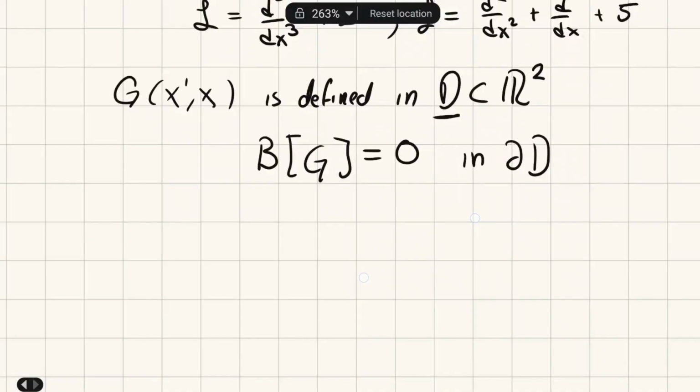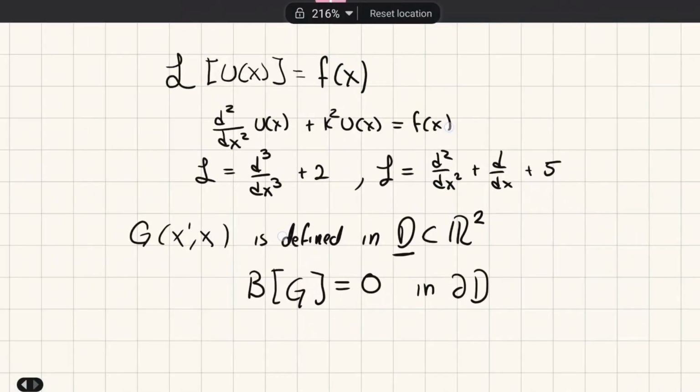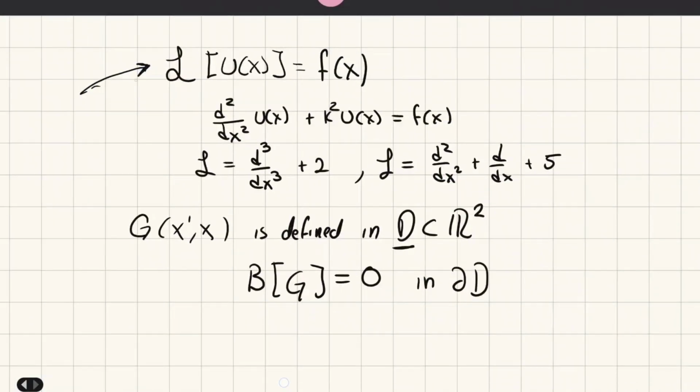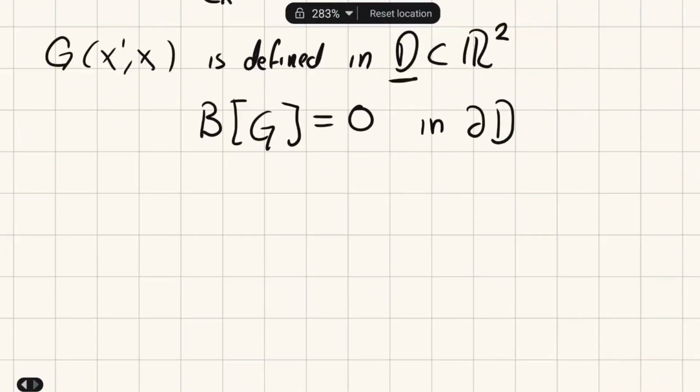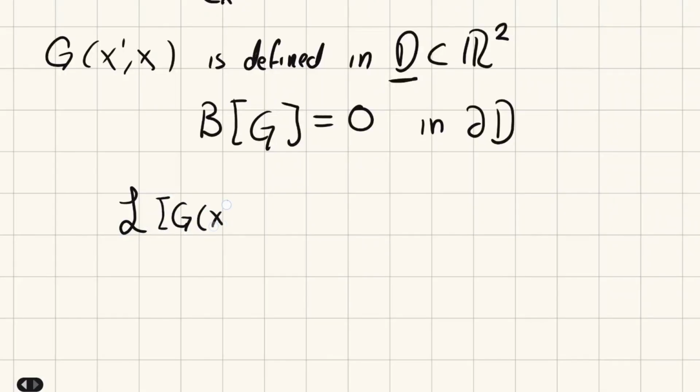Associated to the differential equation that we have here, there is a Green function that satisfies the next relation. We apply the same linear differential operator to the Green function so that we get the Dirac delta, like this.